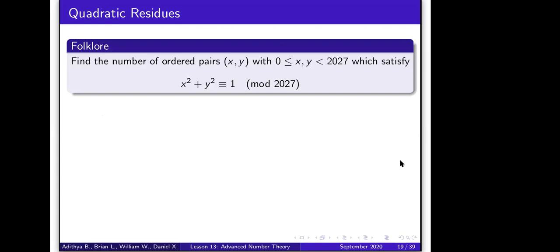So this is a pretty famous question. I'll give you a few moments to read it. Find the number of ordered pairs x and y such that x squared plus y squared is equivalent to 1 mod 2027. And it may be helpful to know that 2027 is prime.